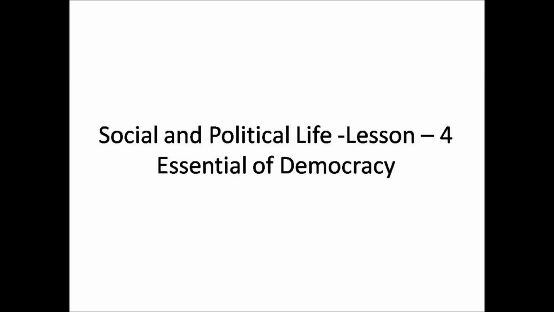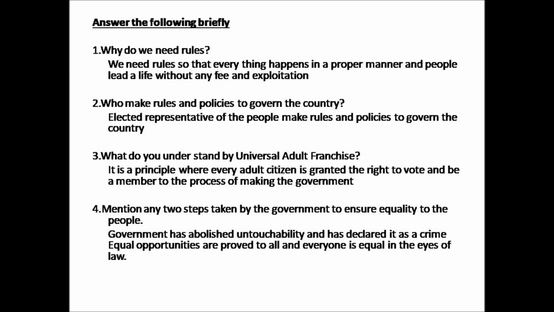We also studied the participation of the people in democracy, how they elect their representatives, and how the people attract the attention of the government. We also studied the role of media, the responsibility of the elected representatives, and conflicts and their management. And we also studied the levels of conflict. In this lesson also, learn all the 1 mark questions, children.